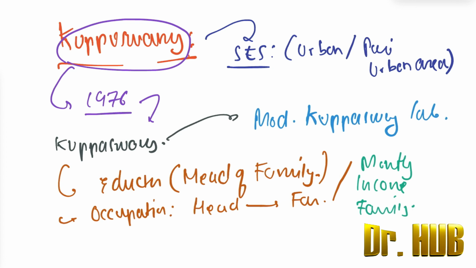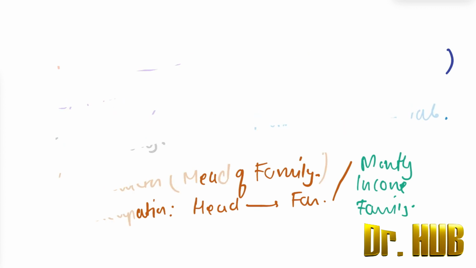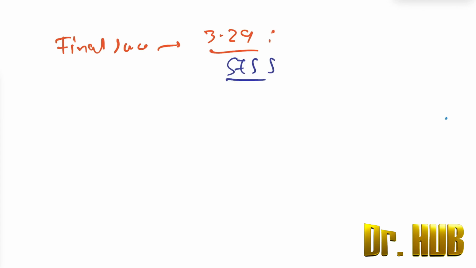Each indicator is given some scores, and the final score is from 3 to 29. It reveals the socio-economic score and class of the person.